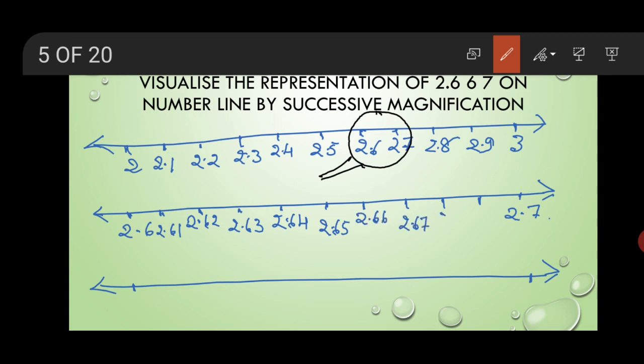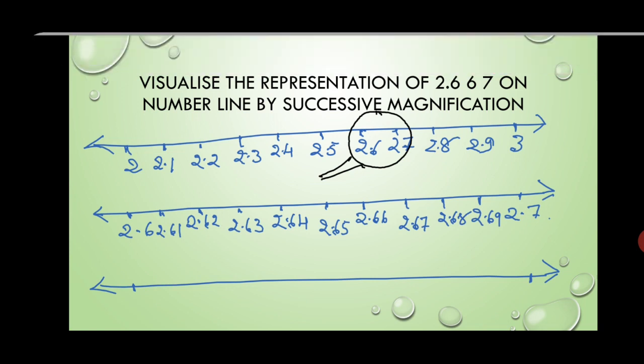2.67, 2.68, 2.69. Again, look into the number. Now this is 2.66 something. So 2.66 something is in between 2.66 and 2.67, right?